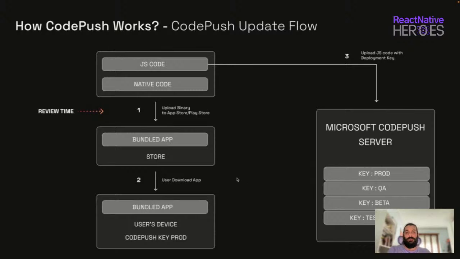The JavaScript code you initially deployed on the store also references a deployment key. Then, when the user starts the app, what is going to happen is that CodePush code is going to check if there is a new update in the CodePush server.